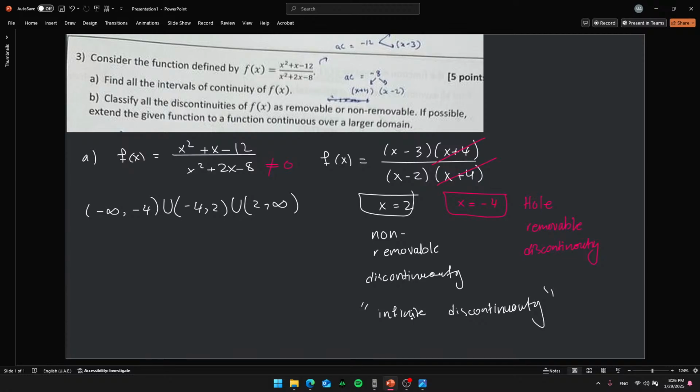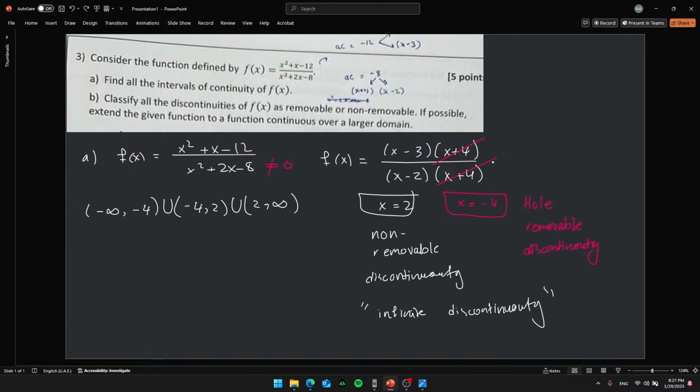How did I know that it's an infinite discontinuity? Because it's in the denominator. Any problem in the denominator that can't be resolved is called an infinite discontinuity. Any problem in the denominator that can be solved is called a hole or a removable discontinuity.